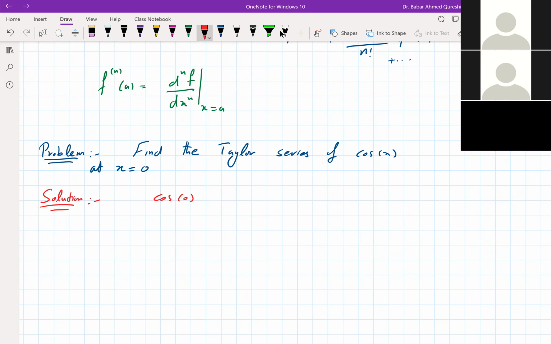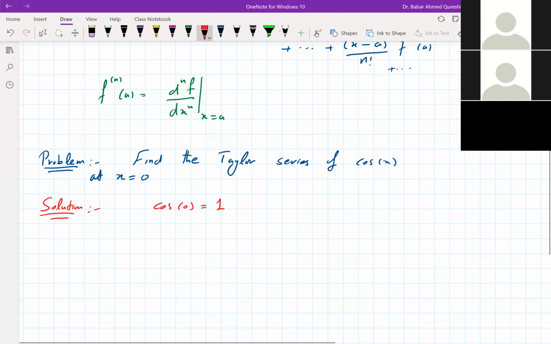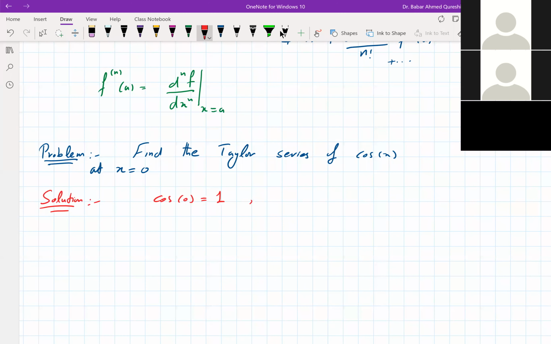Cosine at 0 is 1. So that's this thing which you needed. And so this is the f of 0. Then f derivative of x is minus sine x. And when I evaluate it at 0, I get a 0.